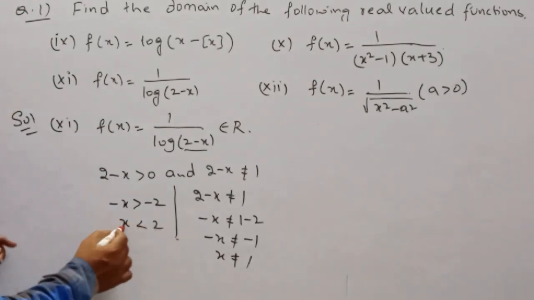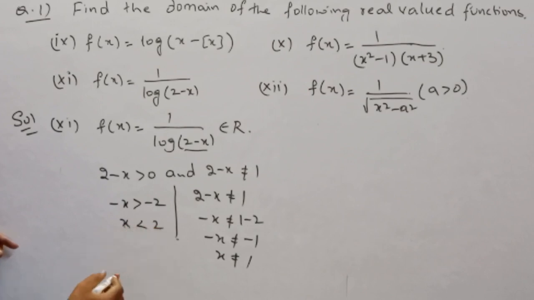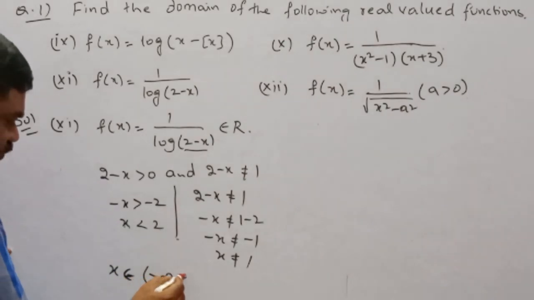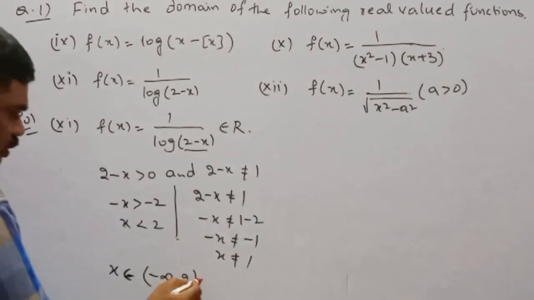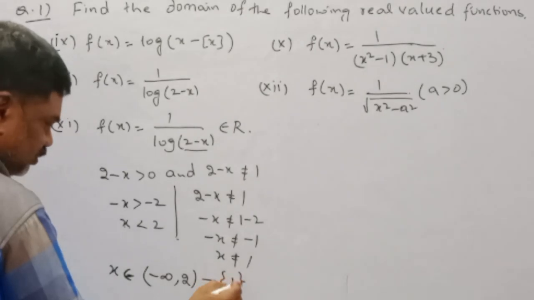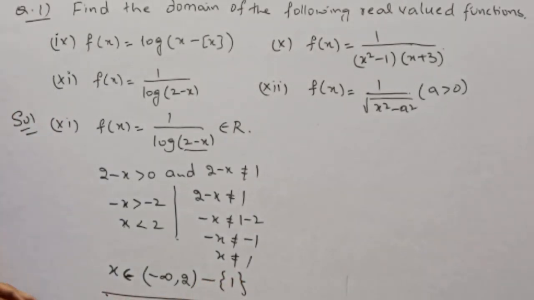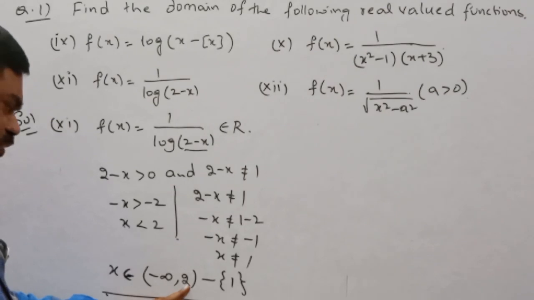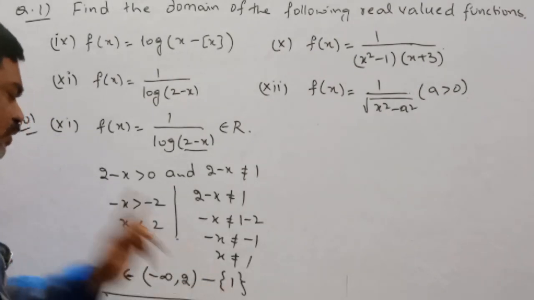X less than 2 means what? That is x belongs to minus infinity to 2, excluding 1. So x belongs to minus infinity to 2, excluding 1.